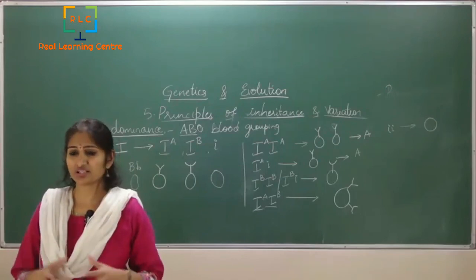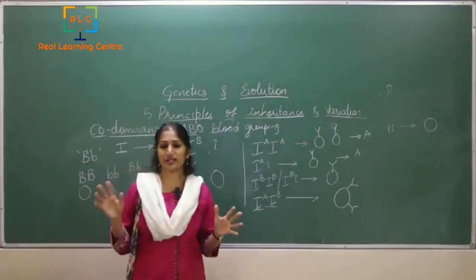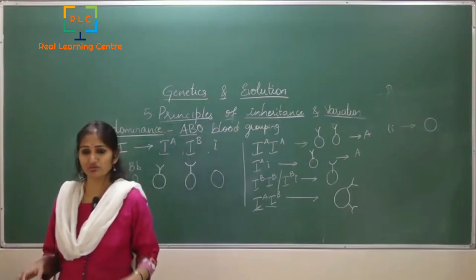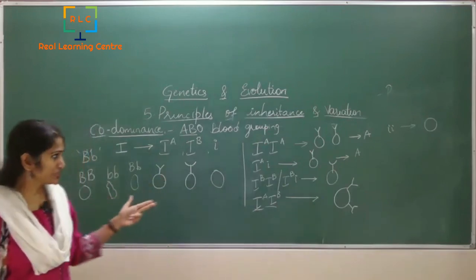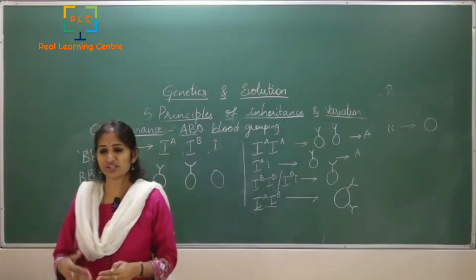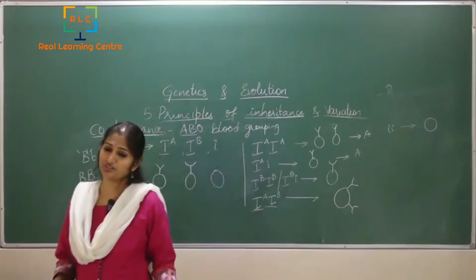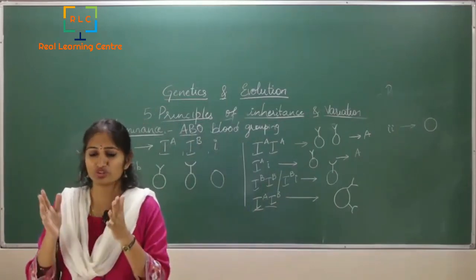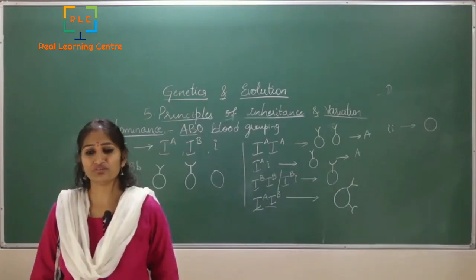Just imagine the child has O blood group, and we know the blood groups of father and mother, which is A and B. Now, in such a scenario, what do you think would be the phenotype, the genotype, the gametes of the parents? And if by chance they have one more child, what do you think would be their possible genotypes? So child is O. I want you to work out the genotypes of the parents and also the possible genotypes of the offspring.